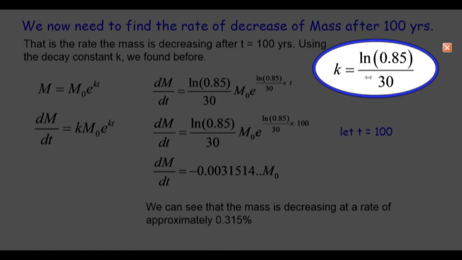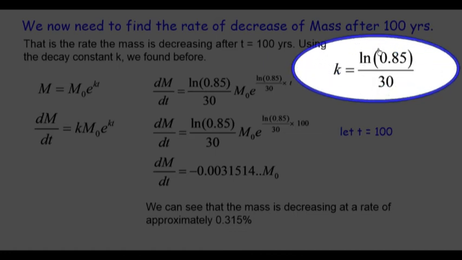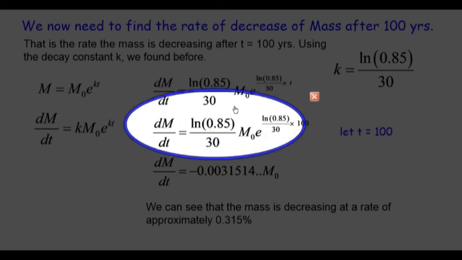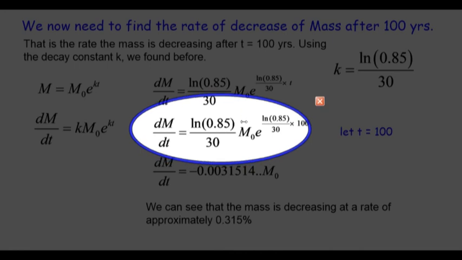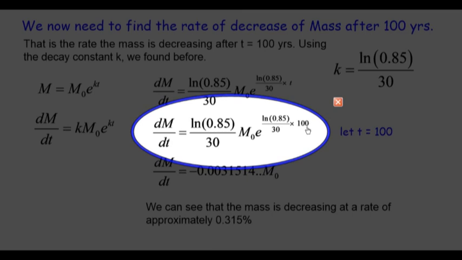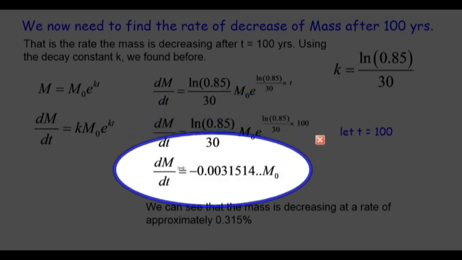Okay, so what are we going to do? Well, we are obviously going to substitute everything into the dm/dt. Let's put it all in. Time is 100 over here, and we try and work out what this does to m0. When we have a look at it, we can see dm/dt is actually minus 0.0031514... times m0.